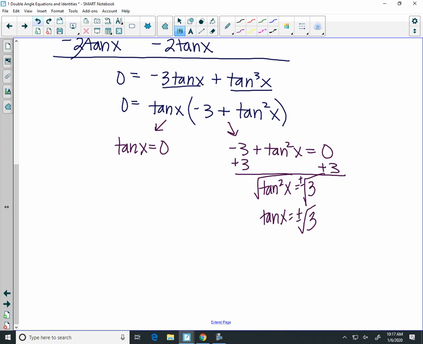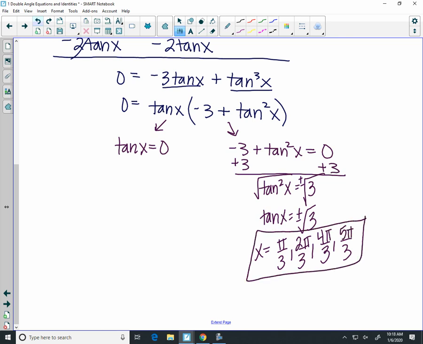So tangent is radical of 3 at all of our pi over 3's. So we want every pi over 3. So pi over 3, 2 pi over 3, 3 pi over 3 is pi, 4 pi over 3, and 5 pi over 3.